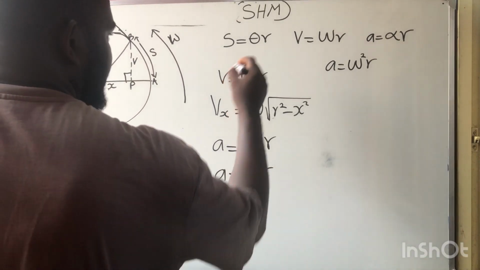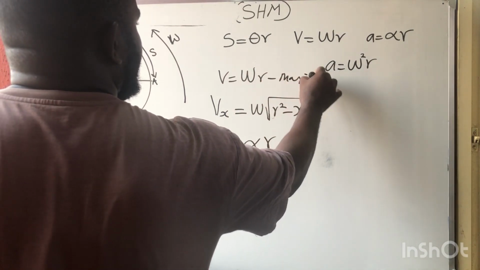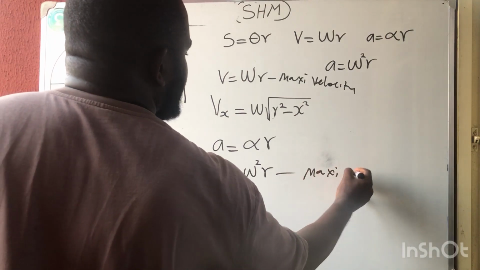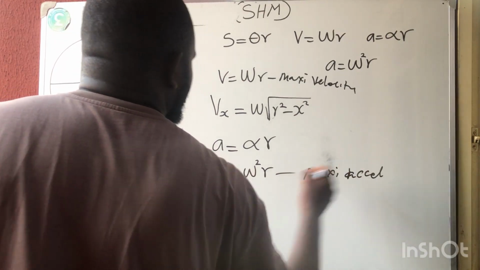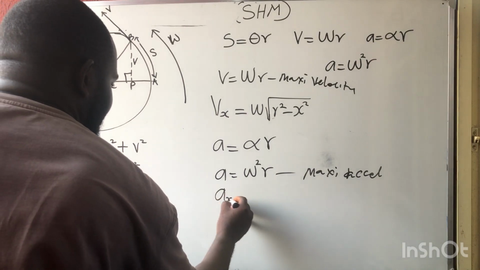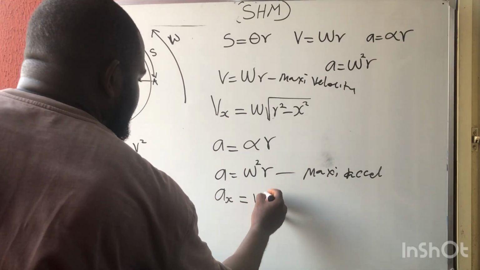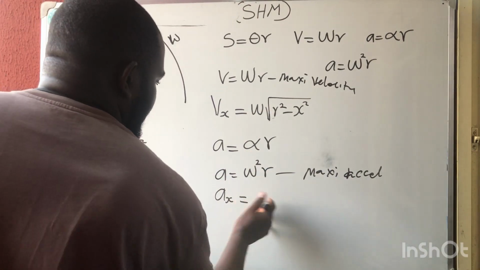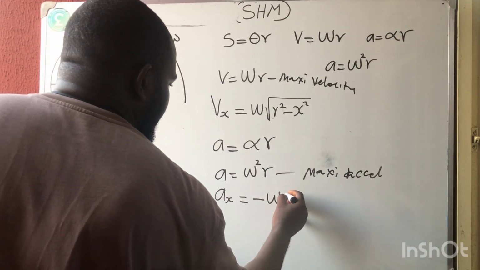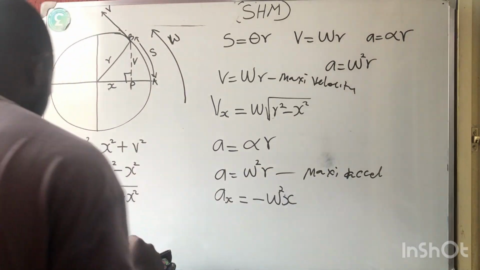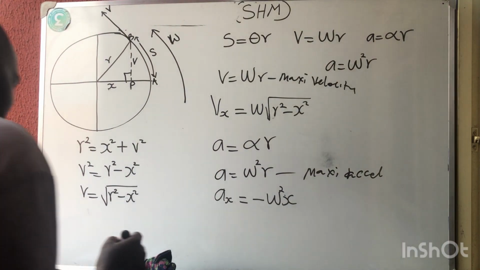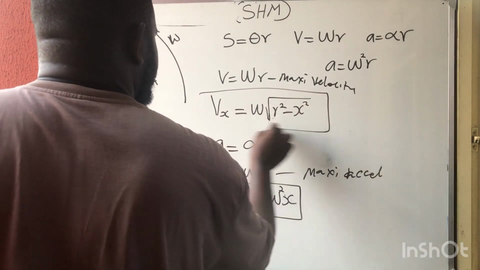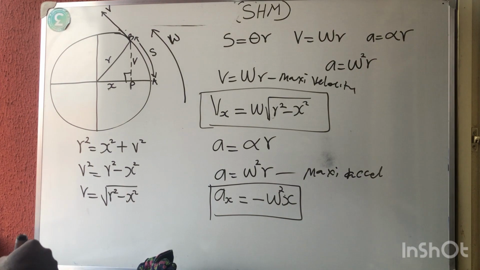This is the maximum acceleration, and the earlier one was the maximum velocity. But acceleration at x is equal to minus w squared x, because here will be minus. This formula is very, very important. These two formulas are the very important formulas you need to know for now.